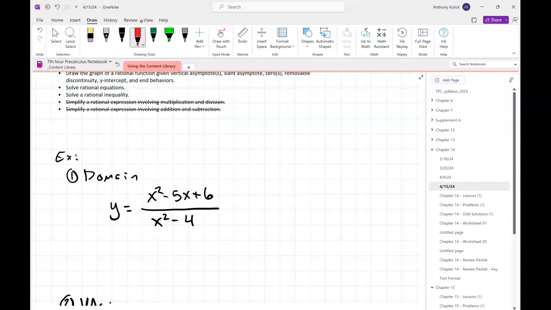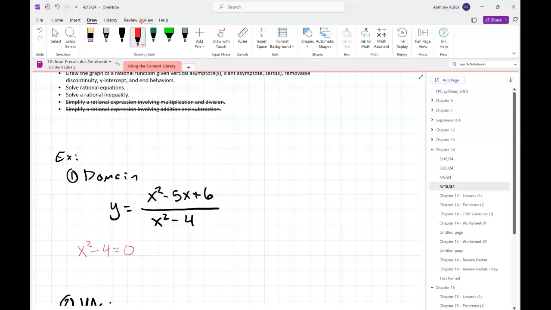So that is what I'm going to be concerned about when I'm writing a domain for a rational function, is what x's are going to cause me to divide by 0. So what part of this function is the divide by part? The numerator or the denominator? Denominator. So I'm just going to set the denominator equal to 0.